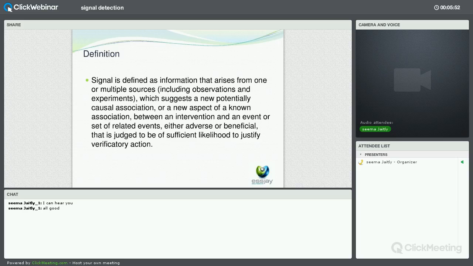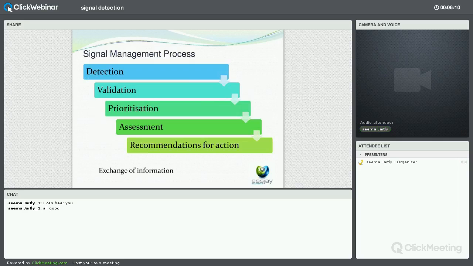And they do put here either adverse or beneficial and sufficient likelihood to need some kind of action carried out. And it's interesting that we have adverse or beneficial here. Normally we do think of signals more on the adverse perspective rather than the beneficial.